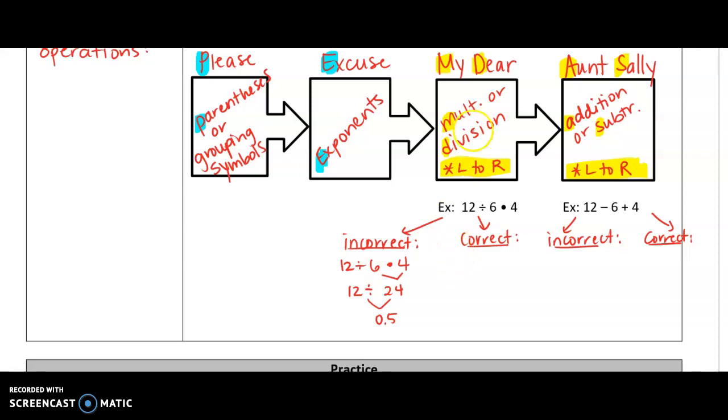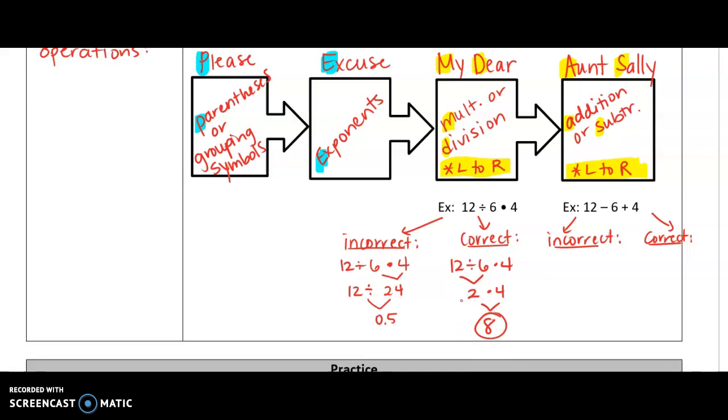The correct way is to do multiplication and division from left to right. So we do the division first: 12 divided by 6, which is 2, and then multiply by 4, which is 8. Obviously, these answers are very different.